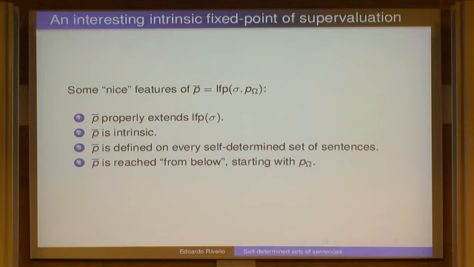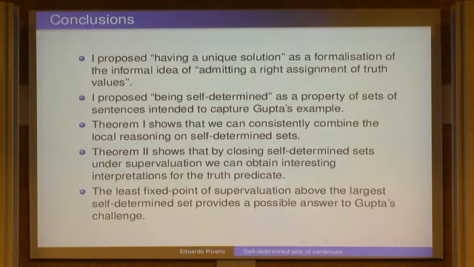And also, in some sense, it answers Gupta's challenge, since P bar can be reached from below, starting with P omega, which is defined in some natural way from the notion of the largest self-determined set.